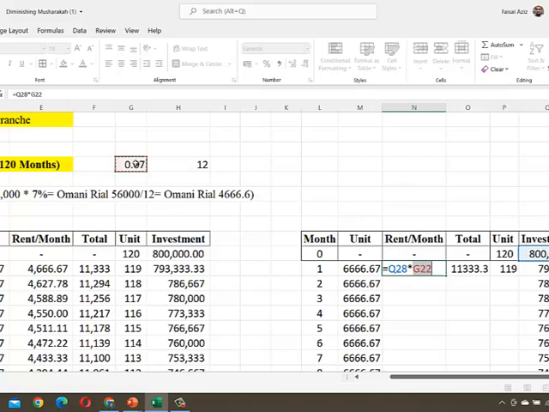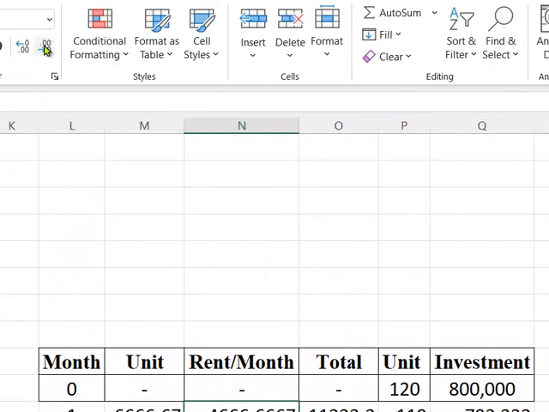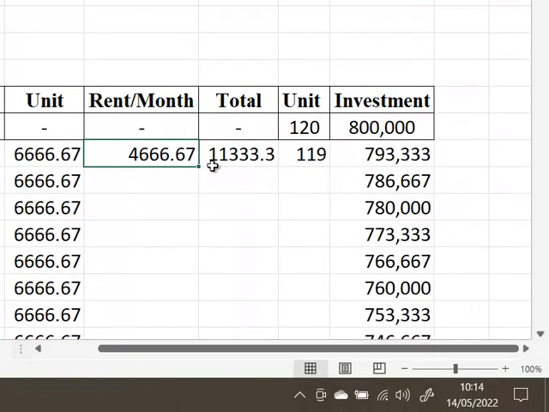I'll click it over here and press F4 so that it will not change. Then this value we need to divide by 12, because the rate is annual. I will again press F4 so that when I drag this value down, it will not change. We'll click enter. Let me reduce the decimals to 2. This is the initial rent.